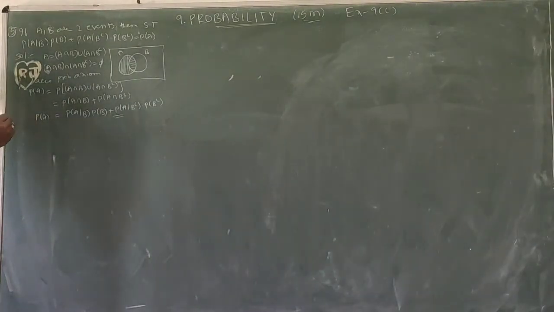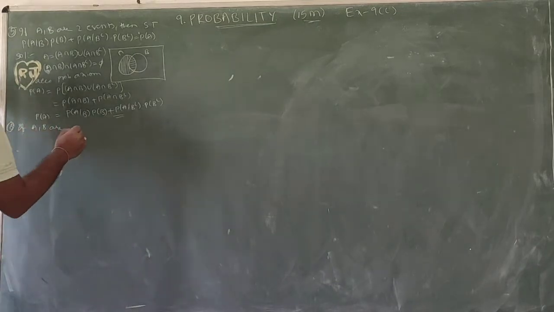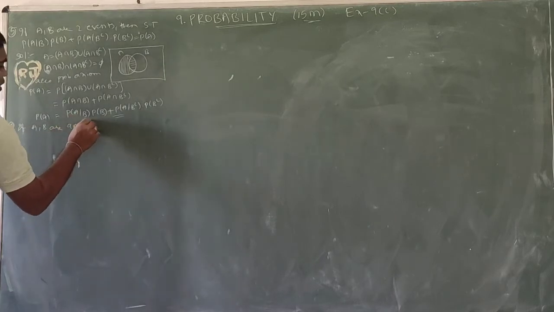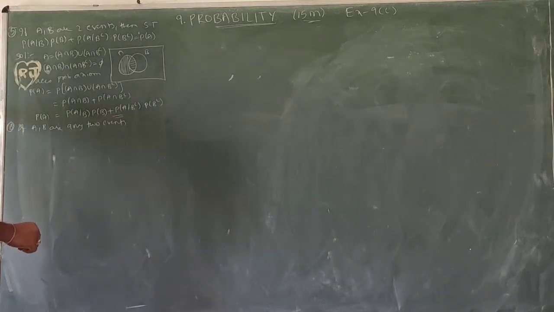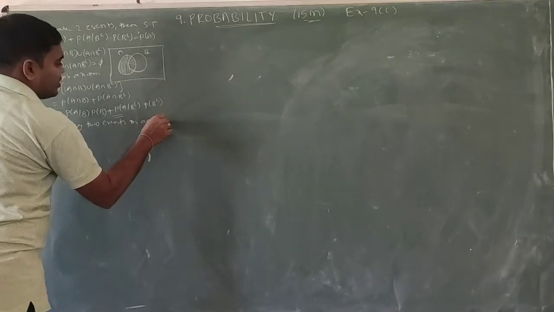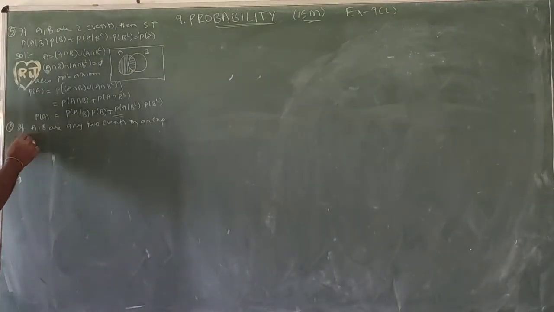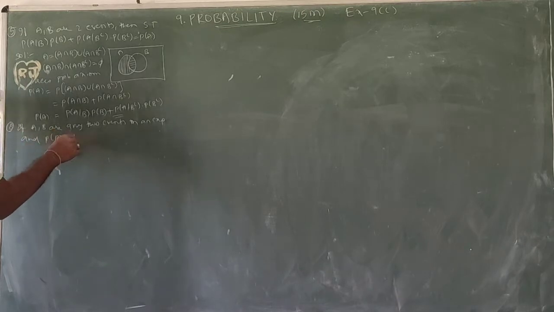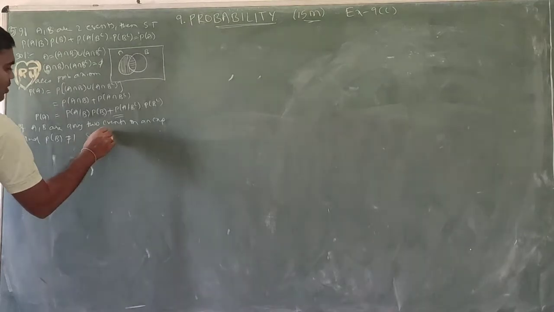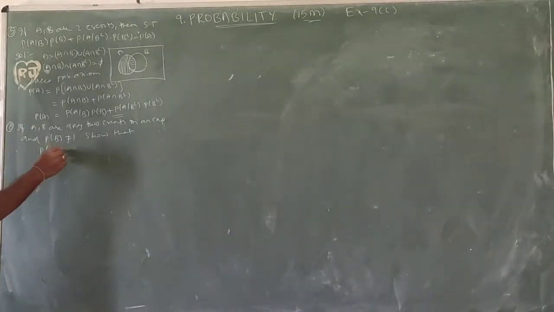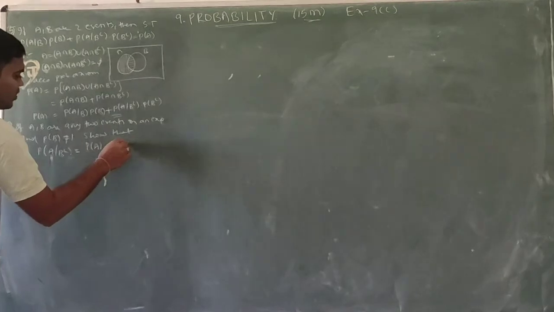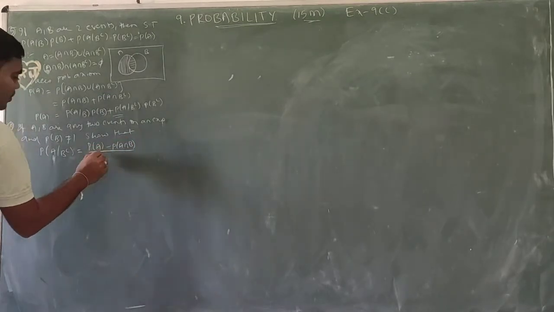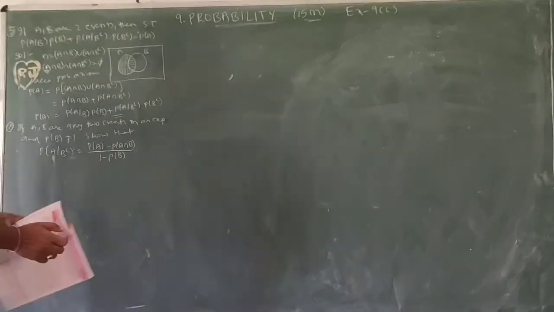If A, B are any two events in an experiment, and P of B is not equal to 1, show that P of A given B complement equals P of A minus P of A intersection B by 1 minus P of B. Okay.